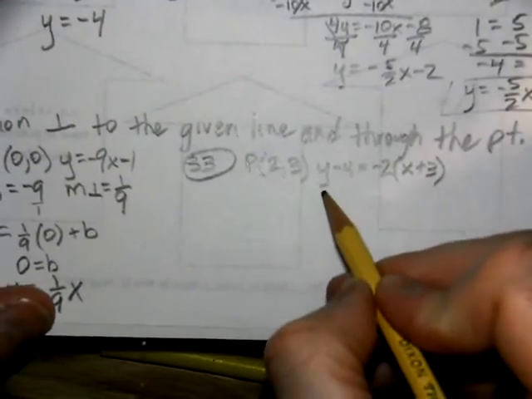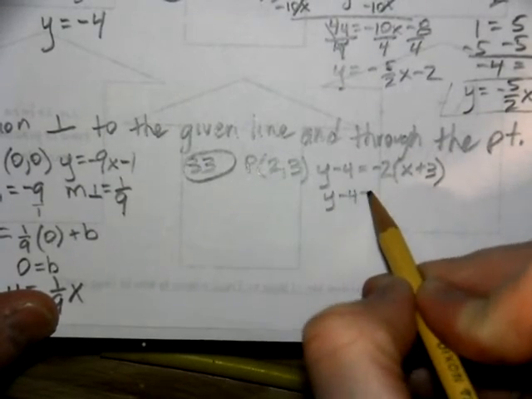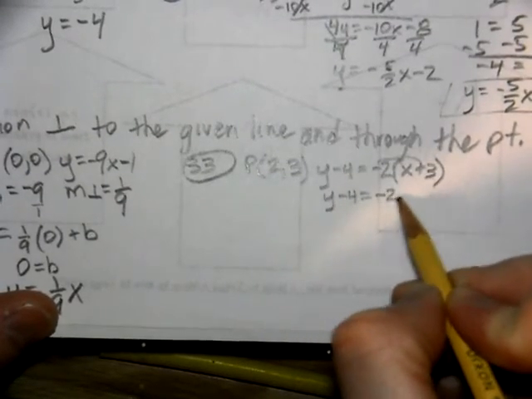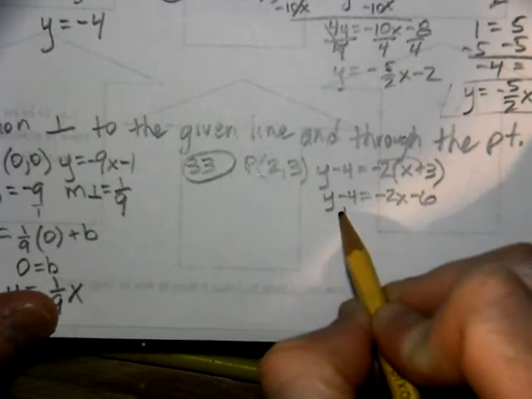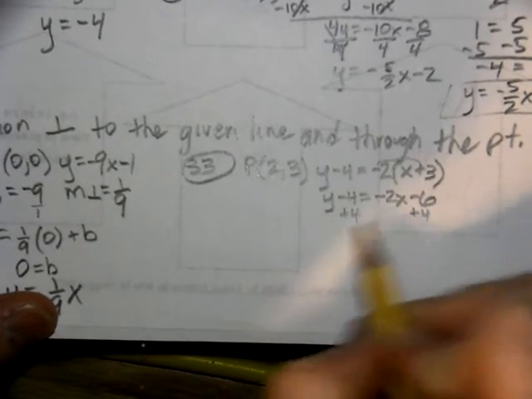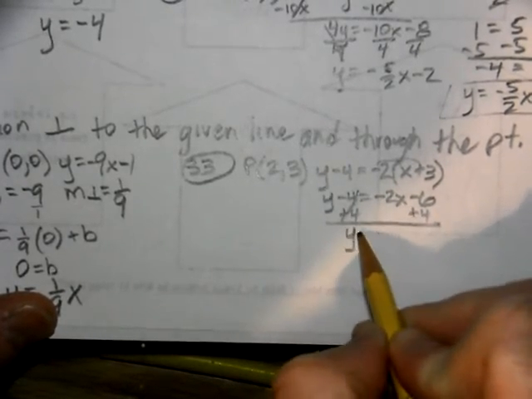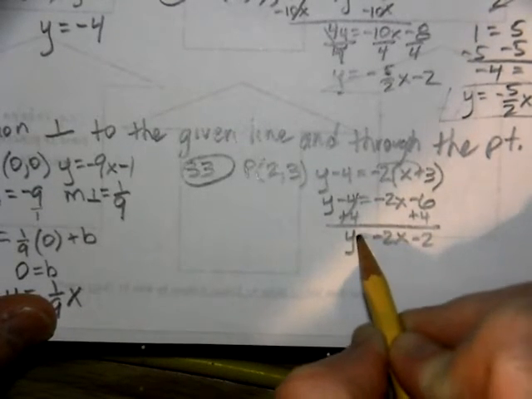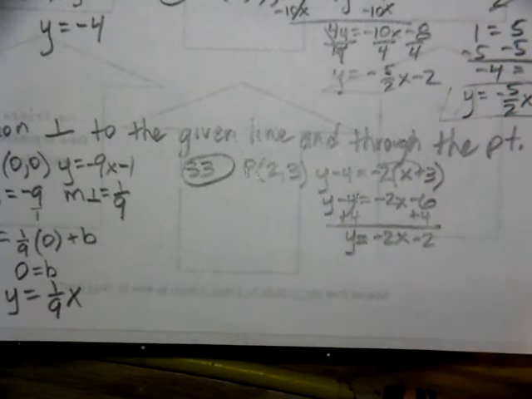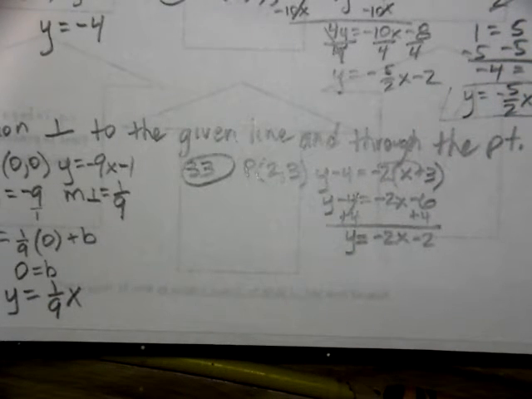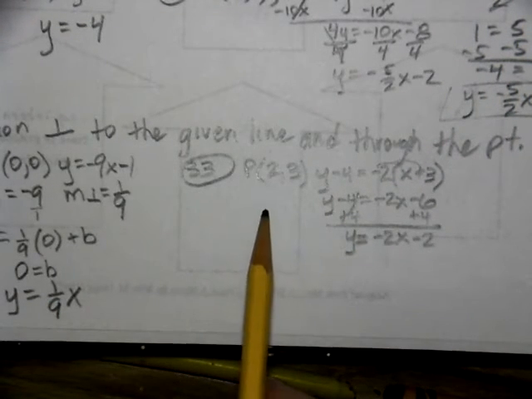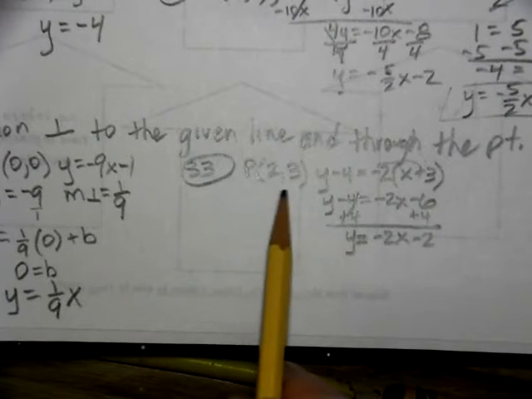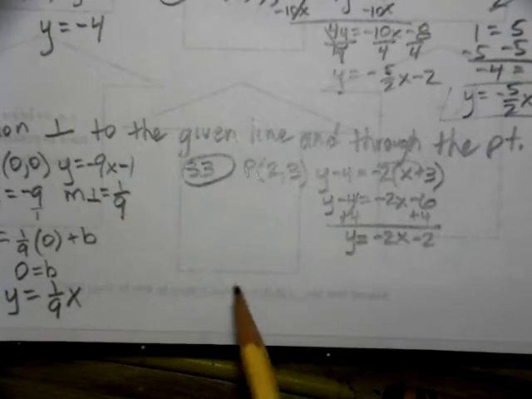We'll just convert it over to y equals mx plus b: distribute, add the 4, so there's our equal sign. So that's our equation that we want to have go through this point and be perpendicular to that line.